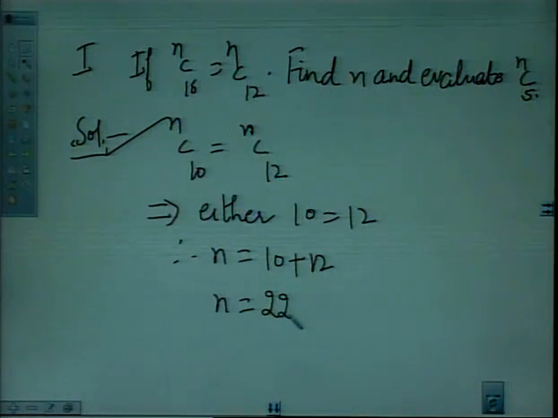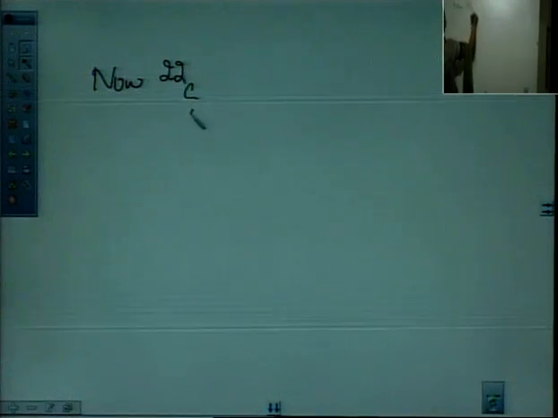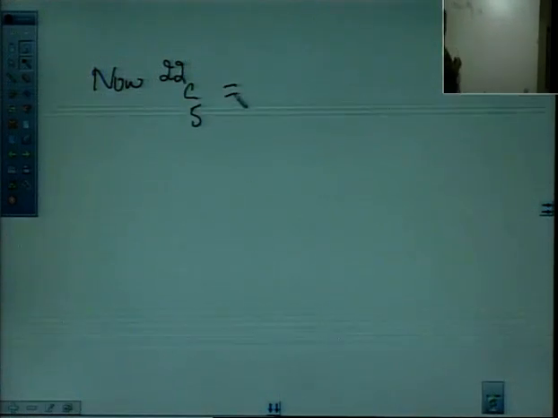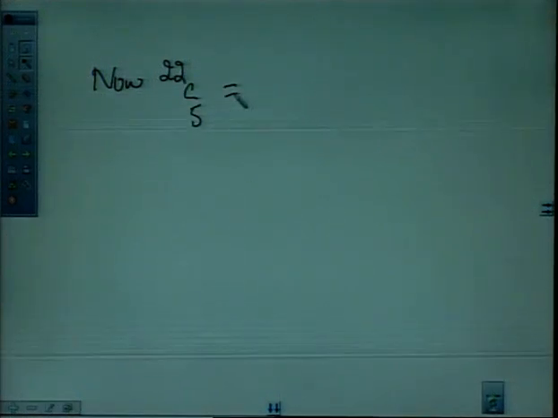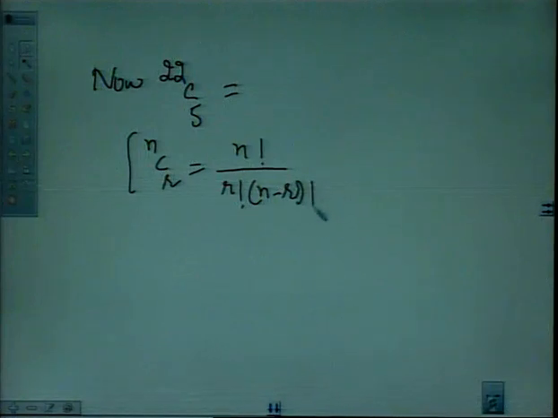The first part was to find the value of n, and that comes out to be 22. Now, we have to make use of this value in order to find nC5. Let us see how we do this. We now have 22C5. We have to apply the formula of nCr: n factorial over r factorial into n minus r factorial.